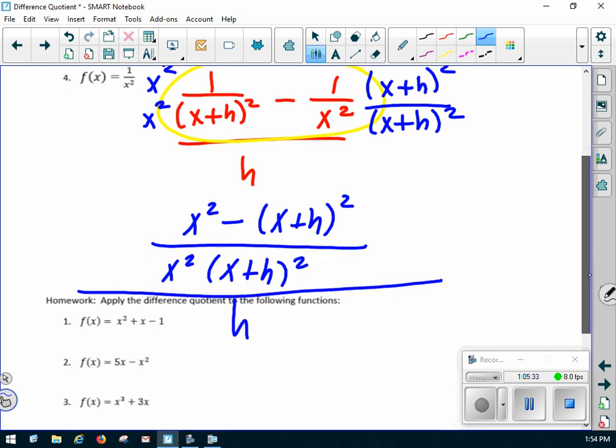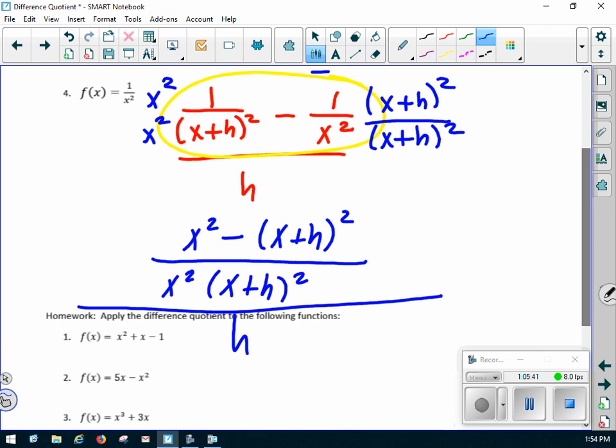Now take a look at that. Since I have a common denominator, x squared times x plus h quantity squared, I can combine the numerators. X squared times 1 minus 1 times this over the denominator.